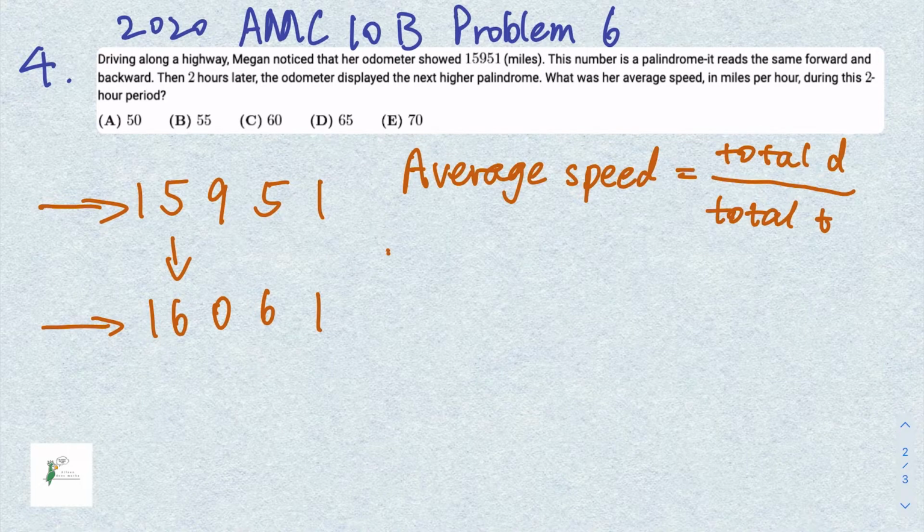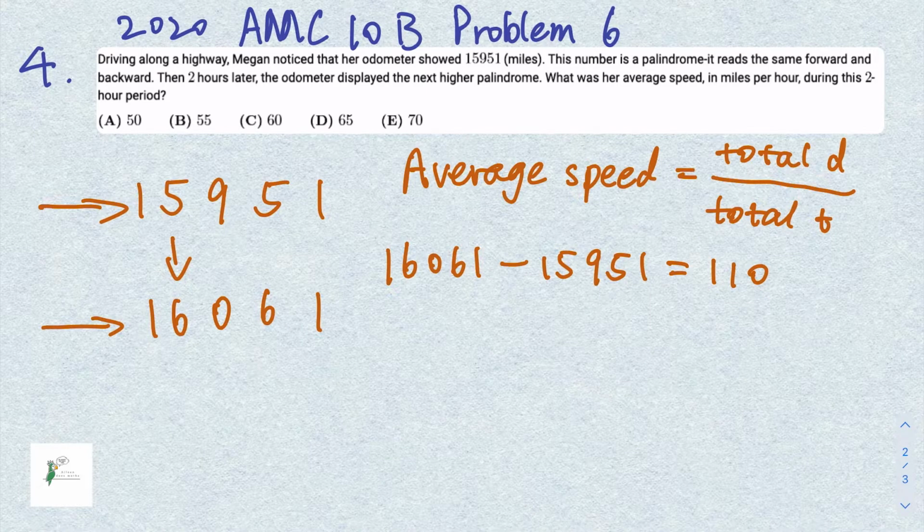So we have 16,061 minus 15,951, which gives us 110. Yeah. And now we have the total distance. We just have to divide by the time, right? So we use 110 divided by 2, which is 55 miles per hour.